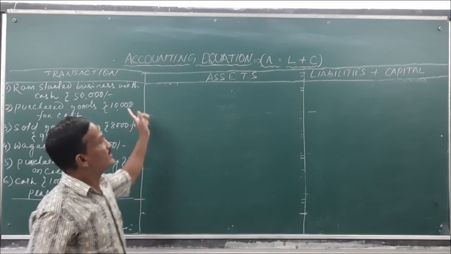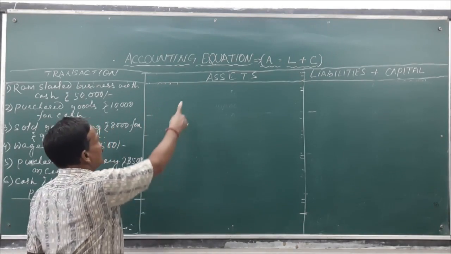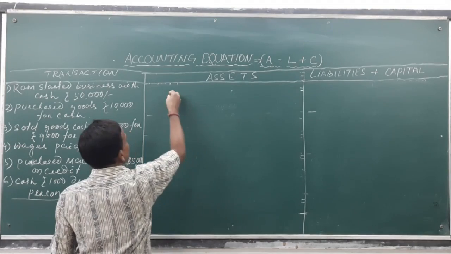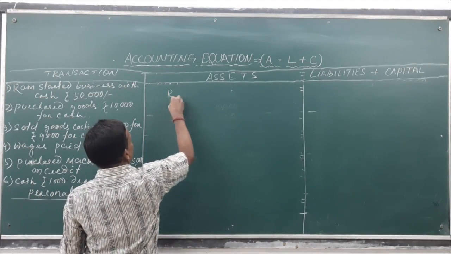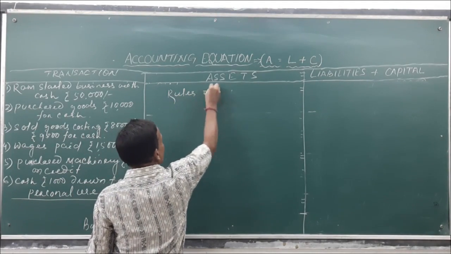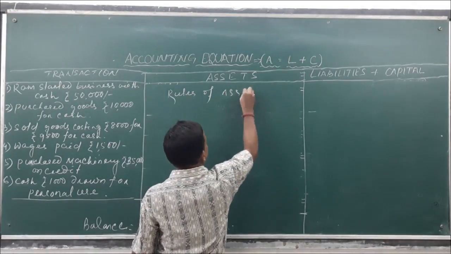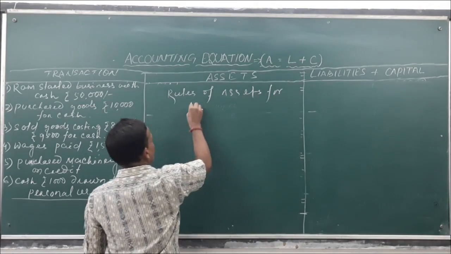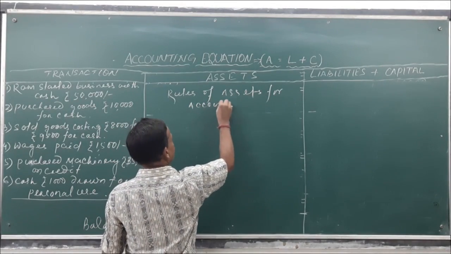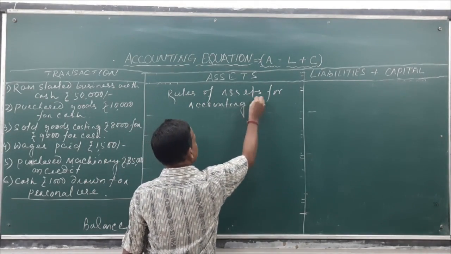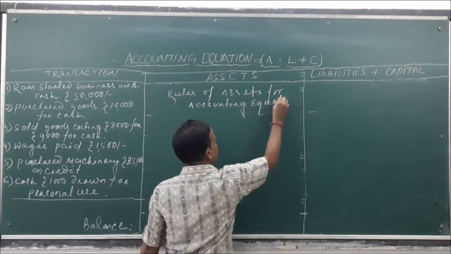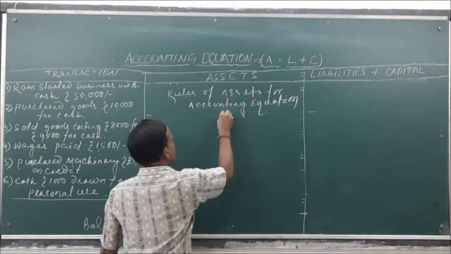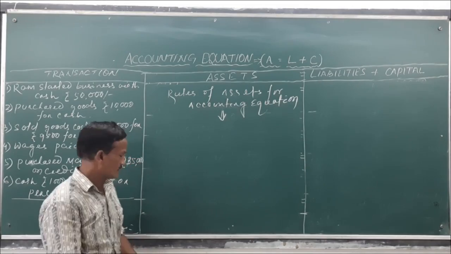So this accounting equation shows the rules of assets for the accounting equation. Suppose this.